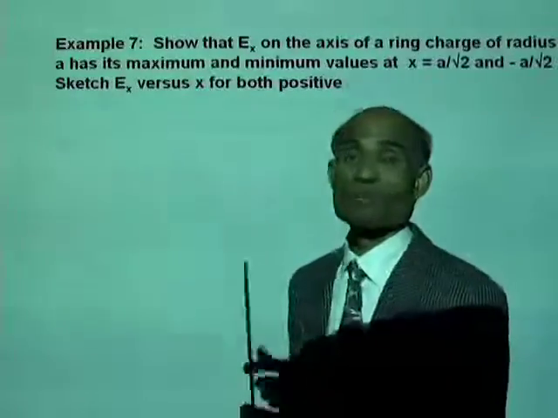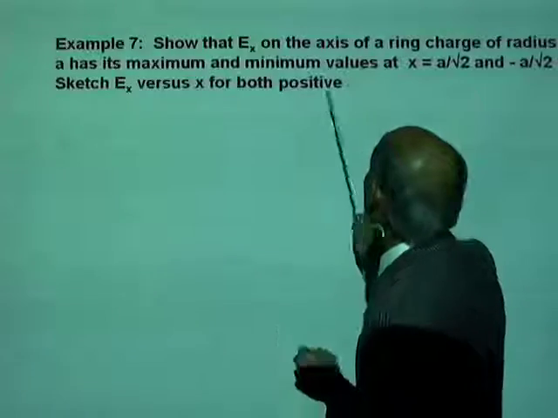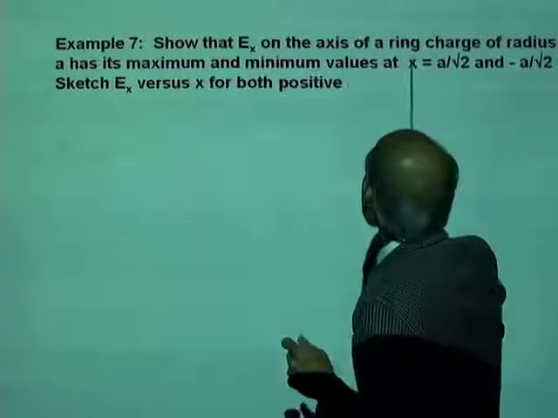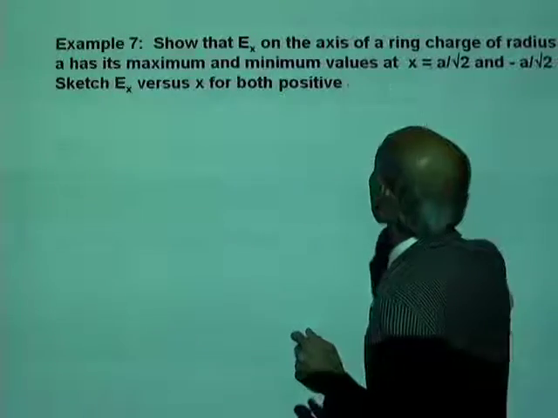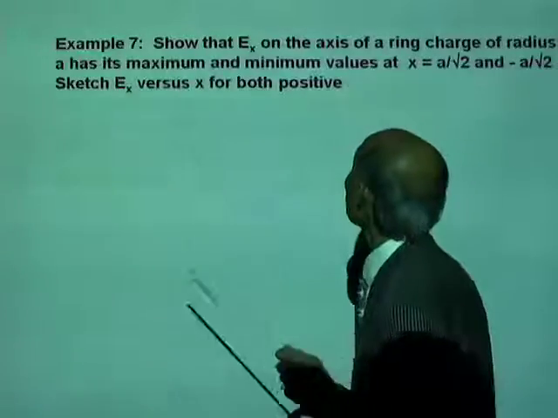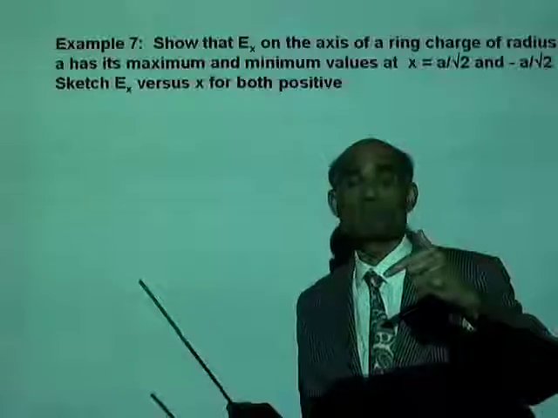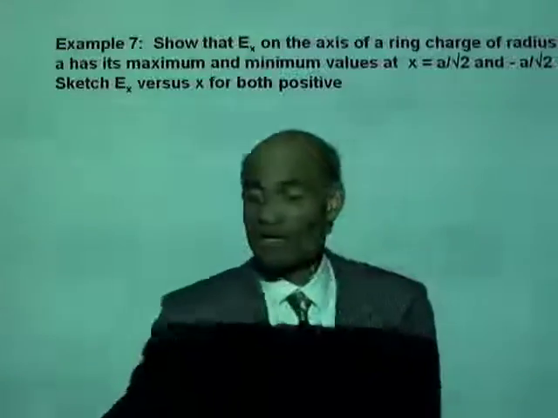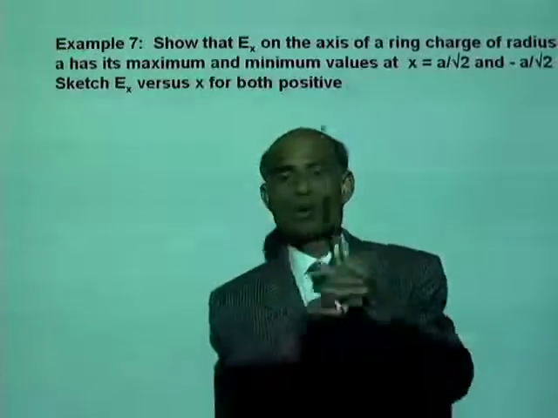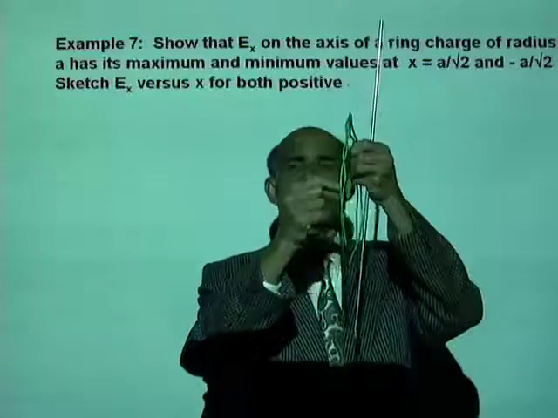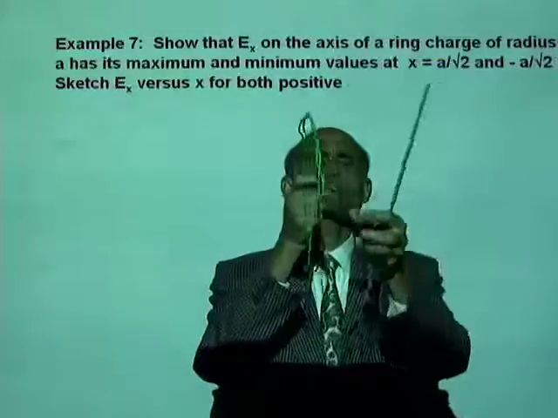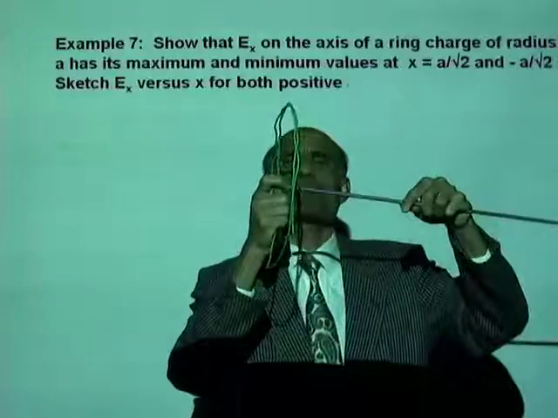Now, we are told to show that at x equal to A over square root 2, there will be a maximum or a minimum. In other words, as you go away from the center of the ring, what do you think is the electric field at the center of the ring?